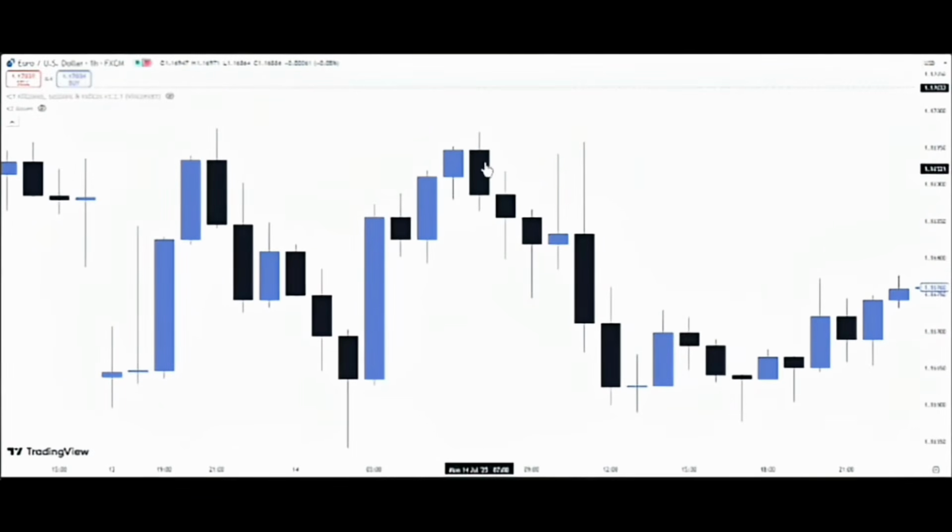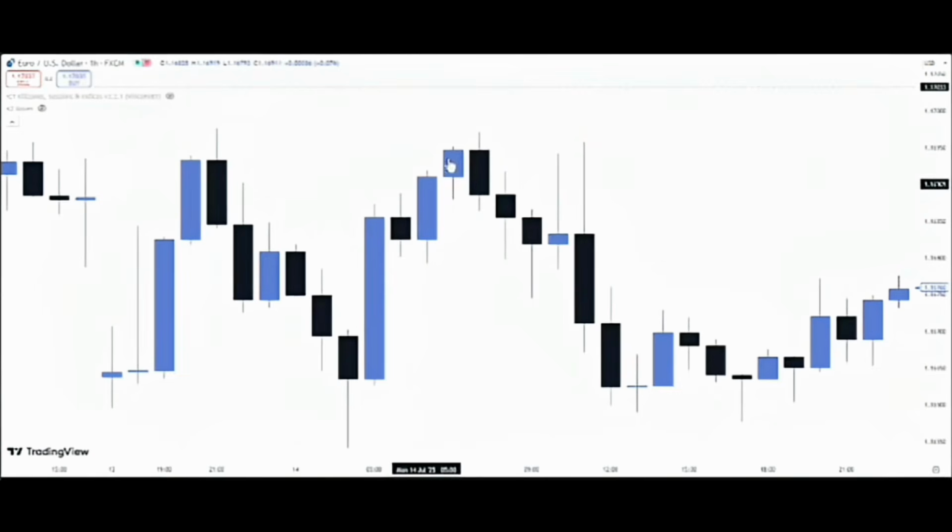Now, this one, look at the size of the candle wick above, the size of the candle wick below, compared to the size of the body. The body is clearly telling you that the sellers are present here. They are in charge. Why?